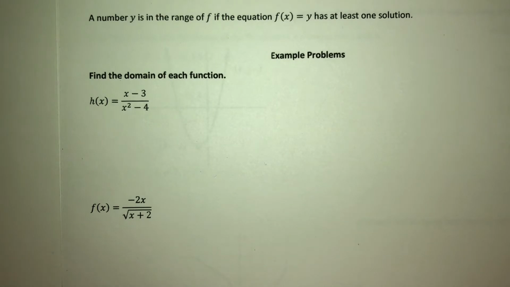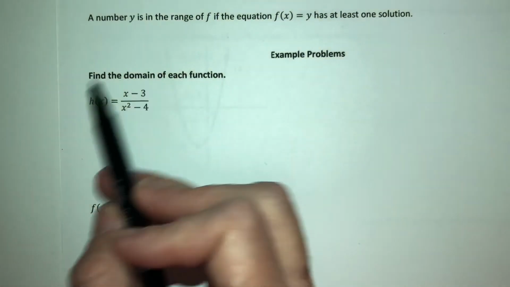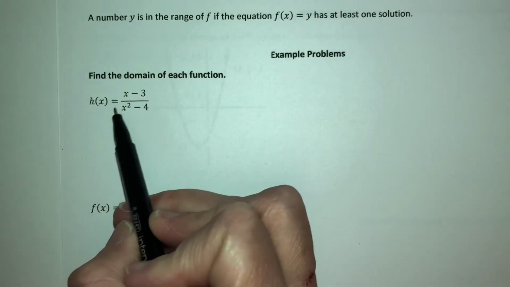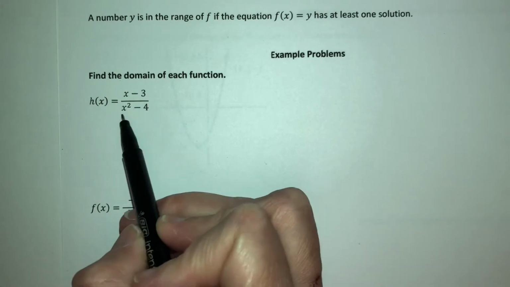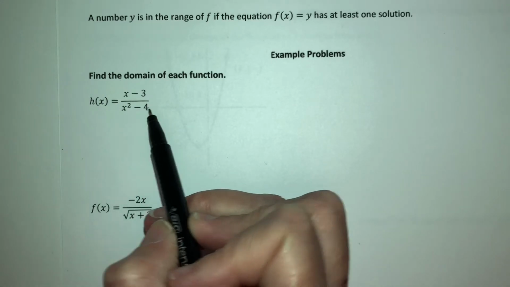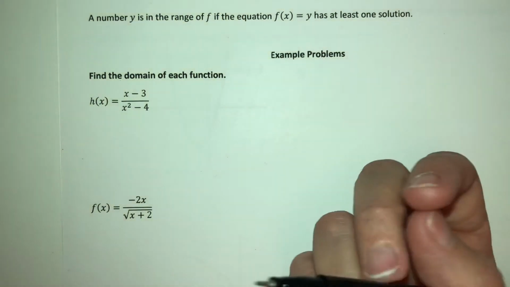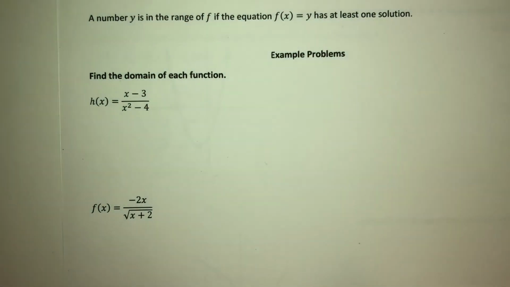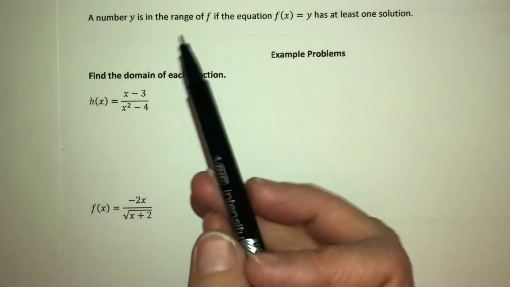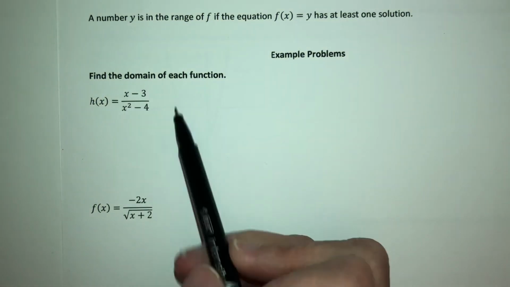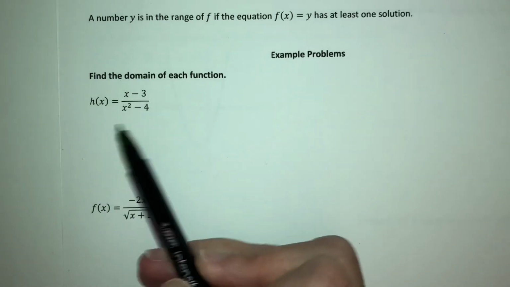Which way you're asked to give your domain depends on what use you're going to be putting these to, okay? So if I look at this function, h of x is equal to x minus 3 over x squared minus 4. There are two things we have to worry about: dividing by 0 and taking an even root of a negative number. There are no roots in here anywhere, so I don't have to worry about that.